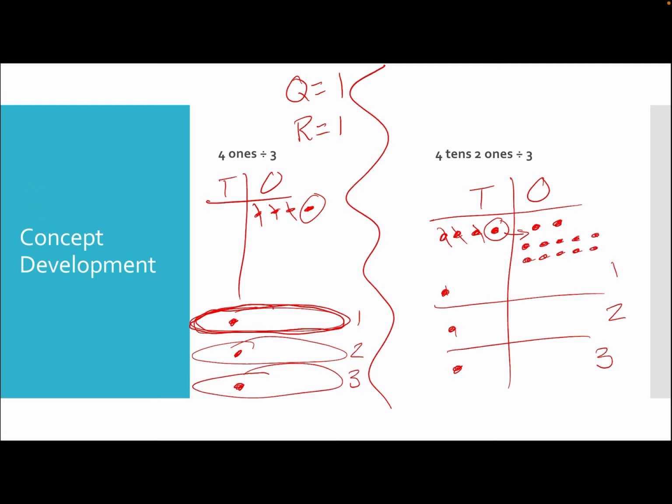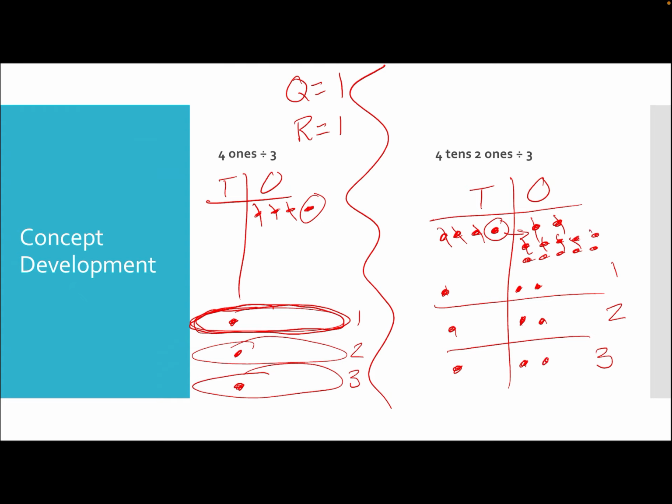All right, so now we have our 2 ones that we started with plus the 10 ones that we had to decompose from 1 10. So now we're going to take all these 12 ones and divide them amongst our 3 groups. So it's just like what we did last time. Each time you put a dot in a group, cross it out so you don't use it again.